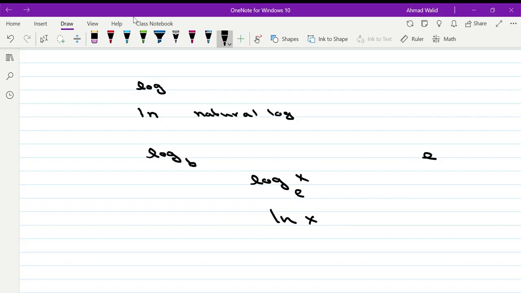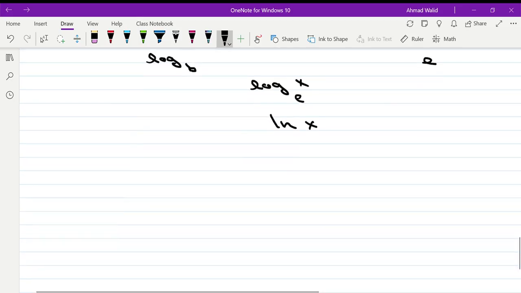It means when your base is e, natural number e, we change the symbol to what? To ln. The rules are totally the same as the logarithmic rules when you are dealing with natural log, correct?